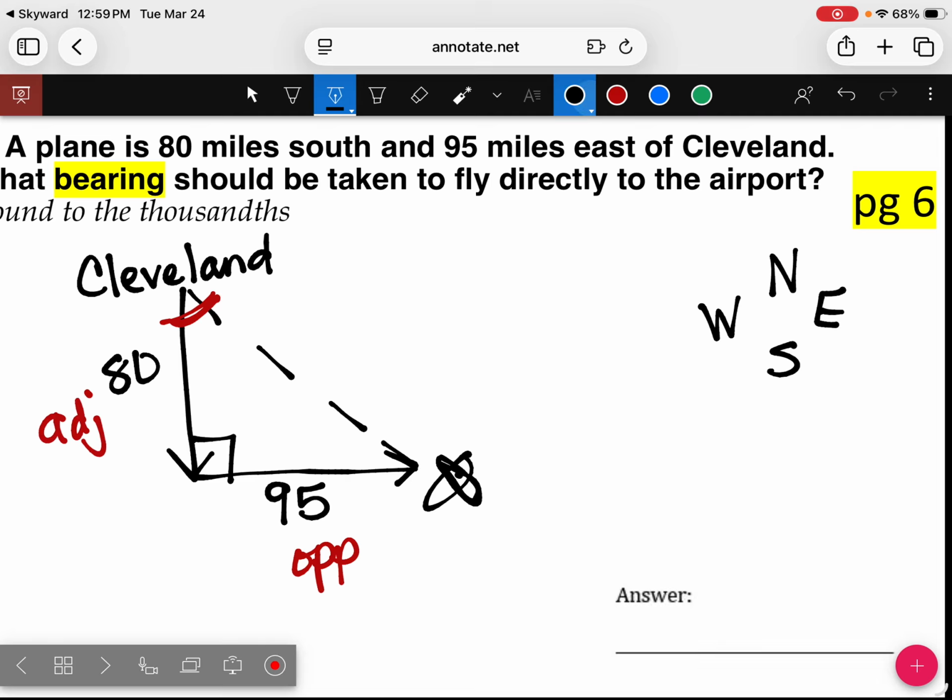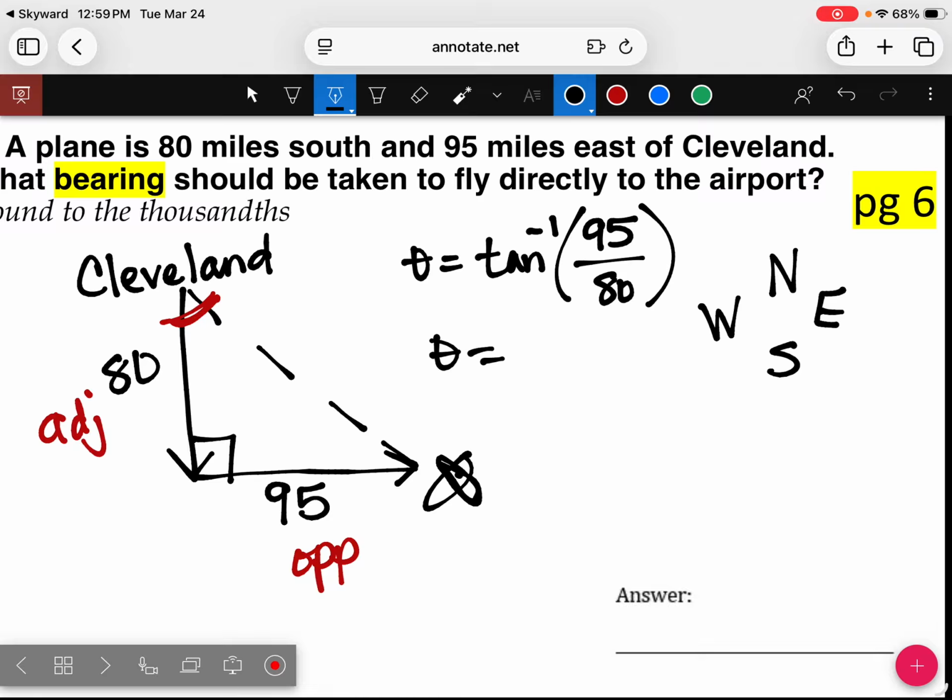So to find your bearing, which we'll call theta, it would be the inverse tangent, because I'm looking for an angle, of opposite over adjacent. And it is really important that you put the opposite, 95, in the numerator and adjacent in your denominator.